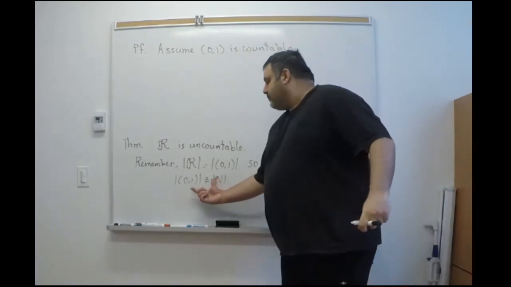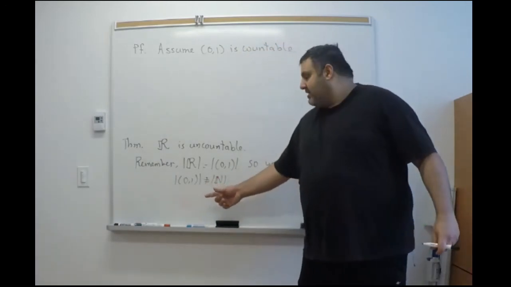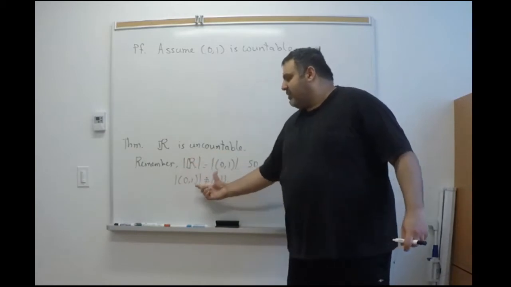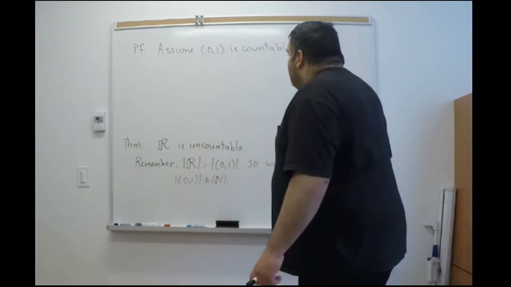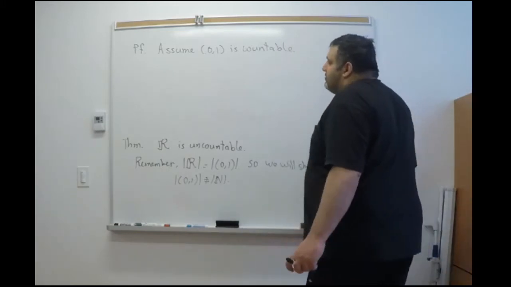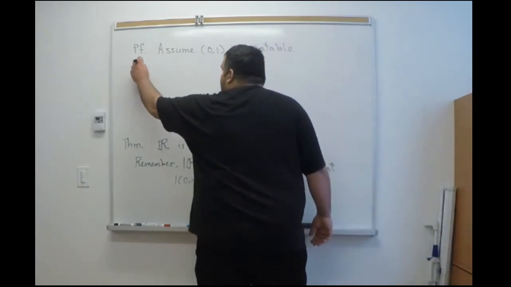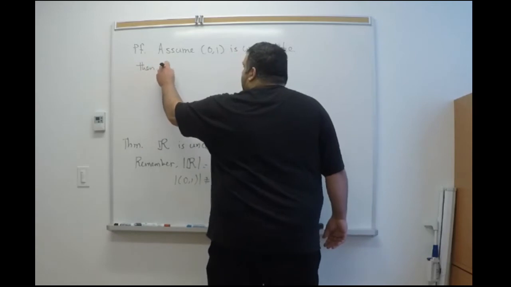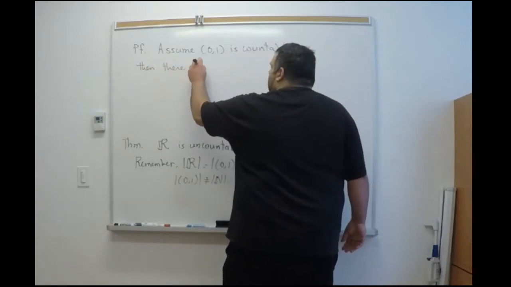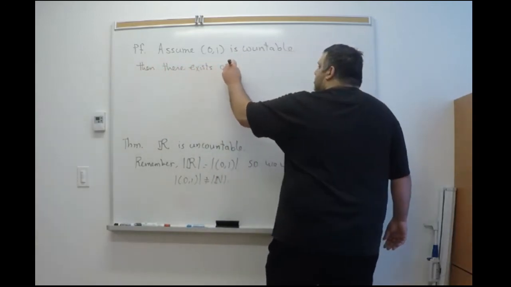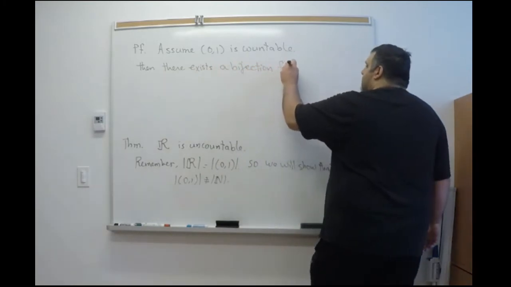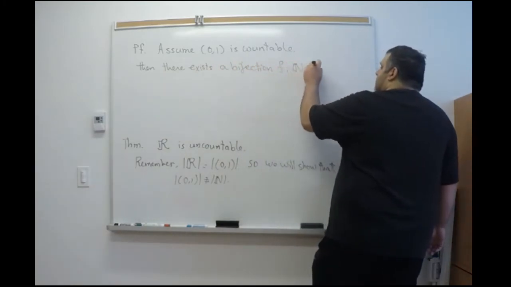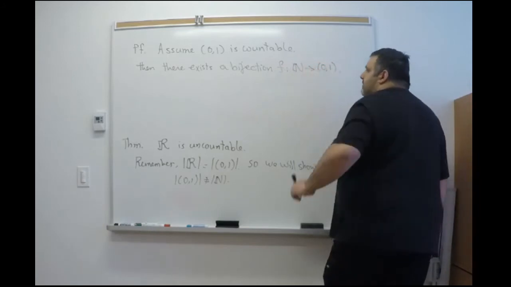Remember, because these two sets have the same size, if we can prove this, we've proven that R is uncountable. So if (0, 1) is countable, then there exists a bijection F from the naturals to the open interval (0, 1).